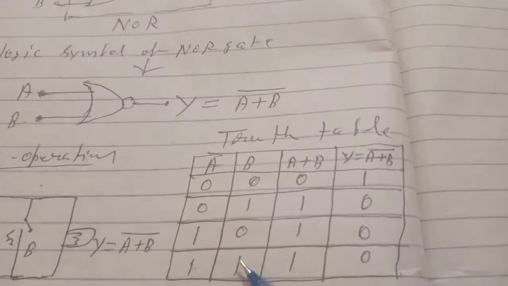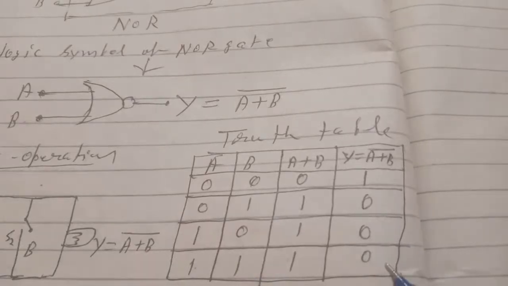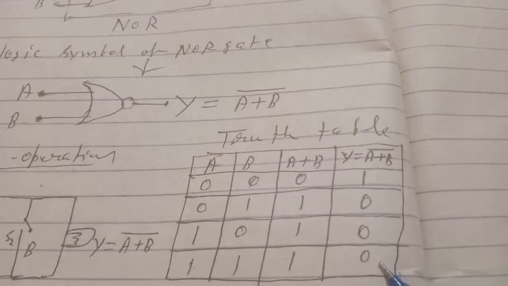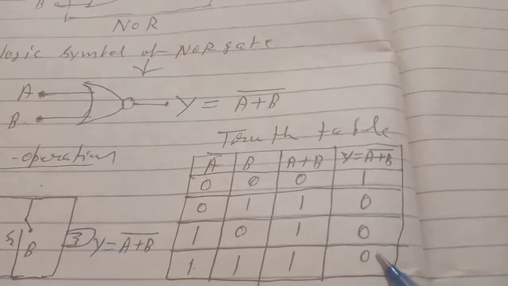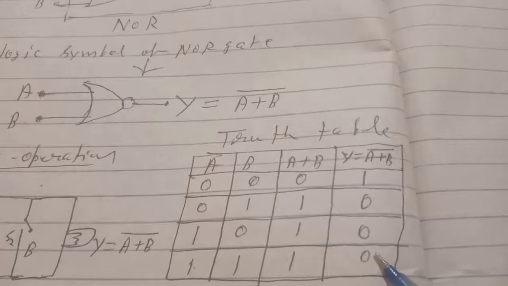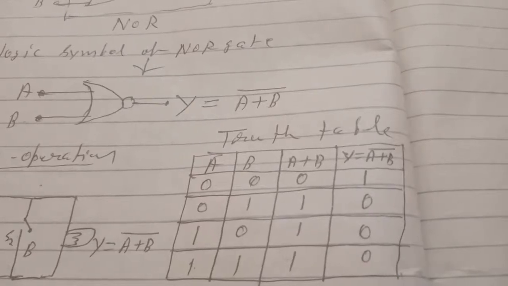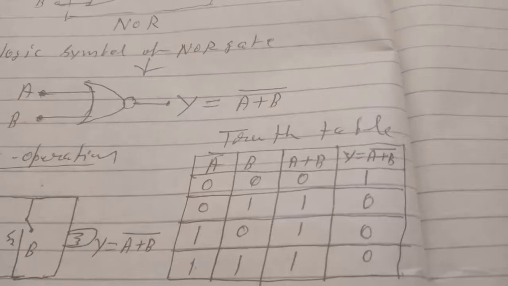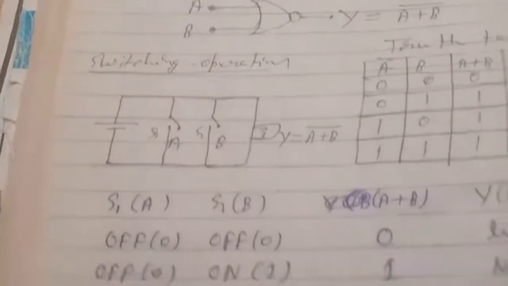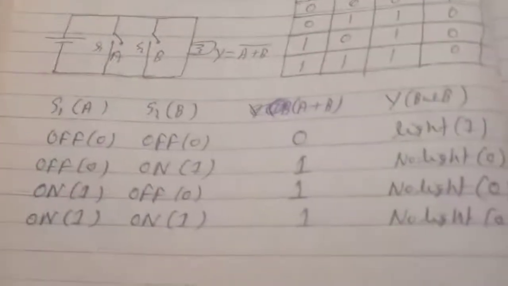A input is 1, B input is 1, then output is 0. So in NOR gate, output is 1 only when both inputs are 0. That is, output is high only when both inputs are low, or in any other case it is always low, or 0.